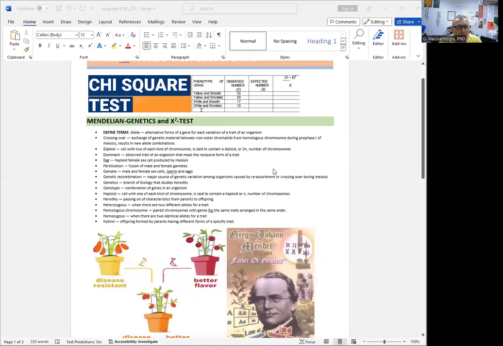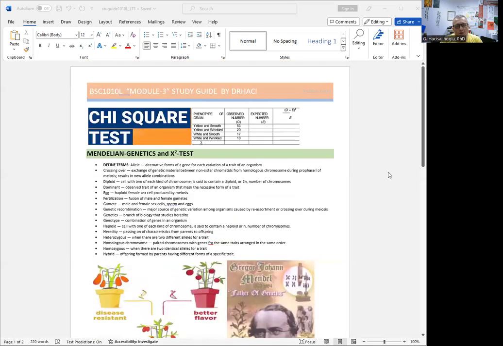The chi-square test is basically a table. You are going to be given an empty table that looks like this. Phenotype is in the first column, the observed numbers you will be given, and you will find the expected numbers, which is the total of observed numbers times the ratio of that specific row. Then observed minus expected, squared, and then observed minus expected squared divided by expected.